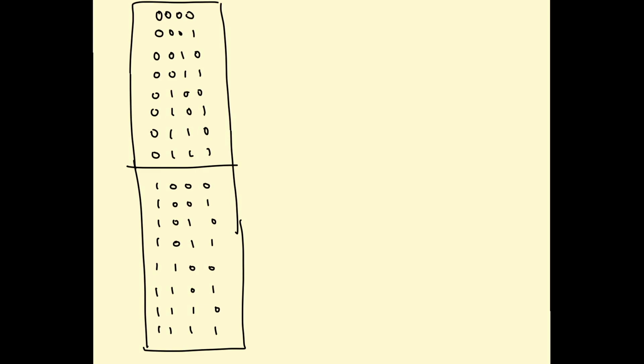Well, let's think. What's the first one represent? Probably 0. And what's the one after that represent? And the one after that? 2, and so on, right? So if we decode these the same way that we did our 1832 number, I'm just counting here 0 through 15.